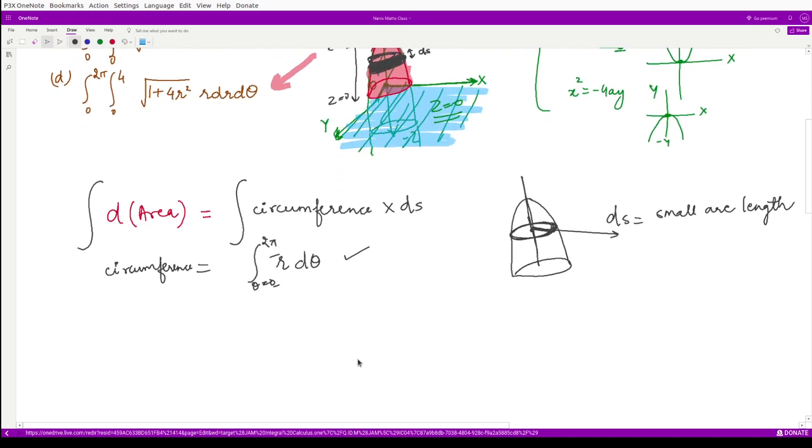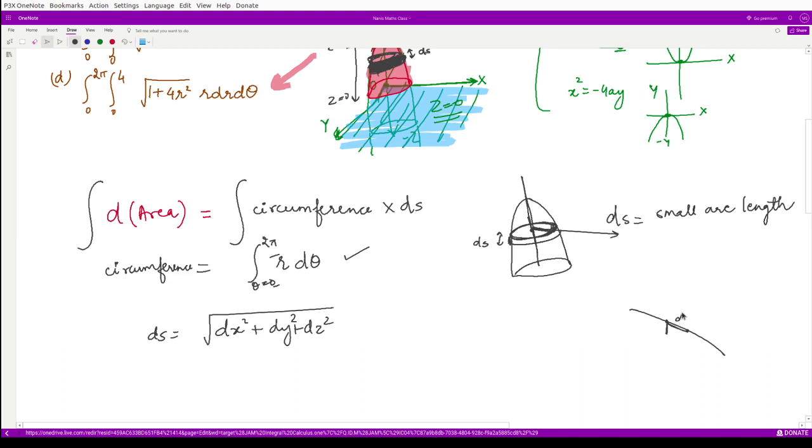Now this is the circumference, and moreover whatever is this length, I am calling it ds, the small arc length. So what is this ds? In 3 dimensions, ds is the square root of dx square plus dy square plus dz square. Because in 2 dimensions, if I take a very small portion of this arc length, I can draw a straight line.